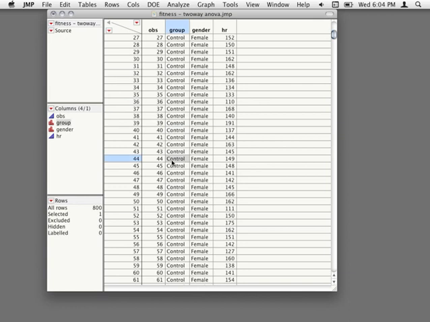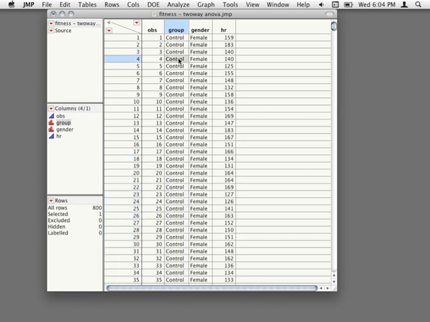Either way, 15 miles a week is feasible; you could imagine that someone could run 15 miles a week. All right, so we have the control group and the runner group.